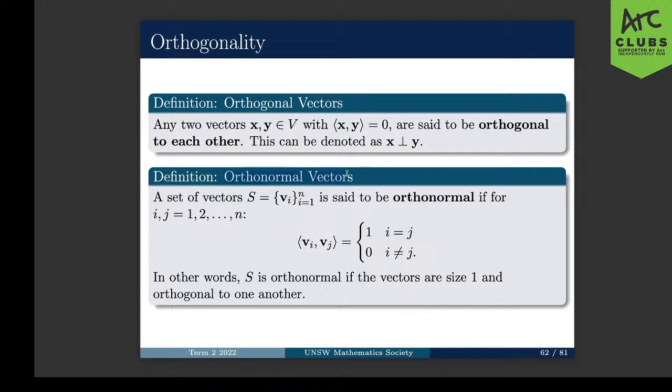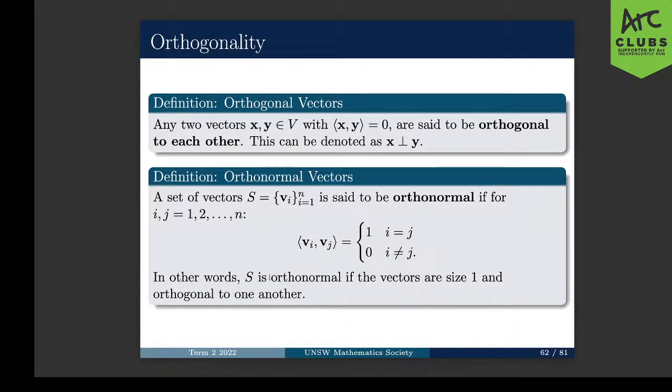There's also a sense of orthonormal vectors. For a set of vectors S, we have n of these vectors, v1 to vn. We say that's an orthonormal set if for every pair of vectors here, the inner product of vi, vj is 1 if i equals j and 0 if i is not j.